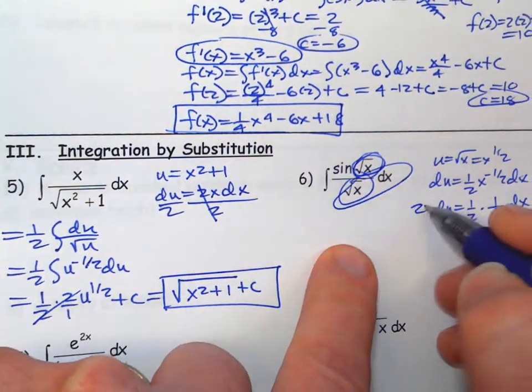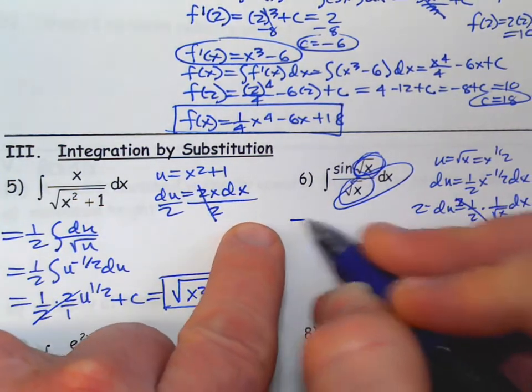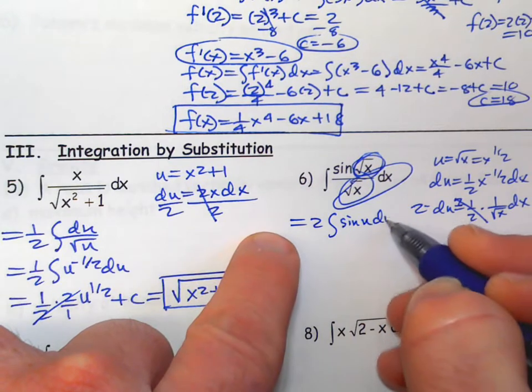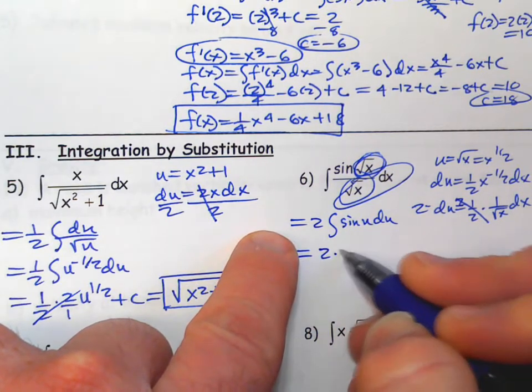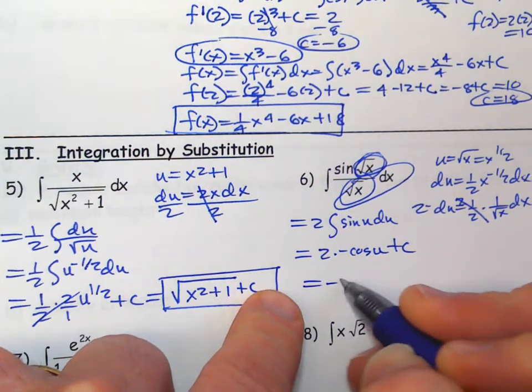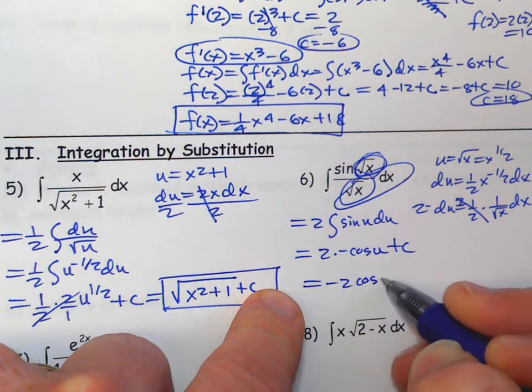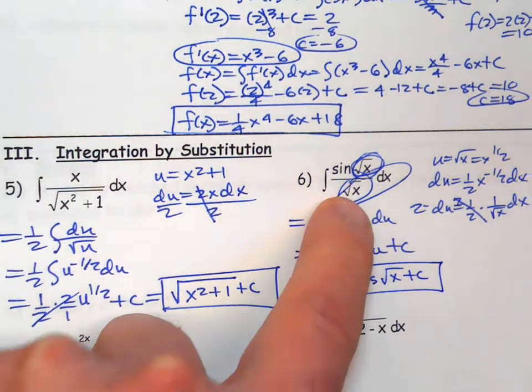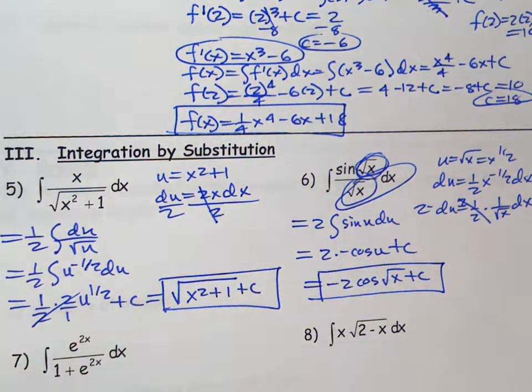I don't want the 1/2, so I multiply by 2. So I'm going to get 2 sine u du. So I'm going to get 2 times negative cosine u plus c. So I'm going to get negative 2 cosine square root of x plus c. The antiderivative of sine is negative cosine.